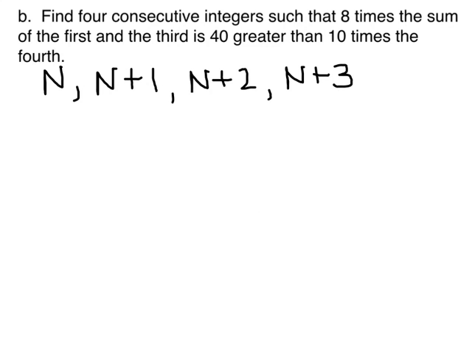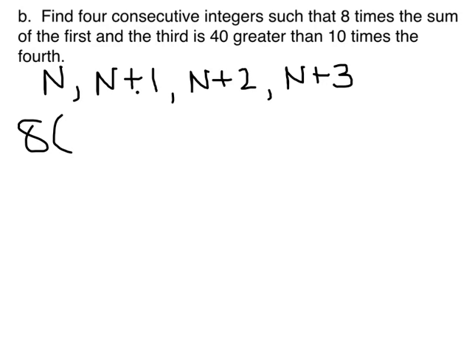Okay, this one says find 4 consecutive integers. So we're going to use n plus 1, n plus 2, and n plus 3, such that 8 times something, the sum of something, the sum of what?